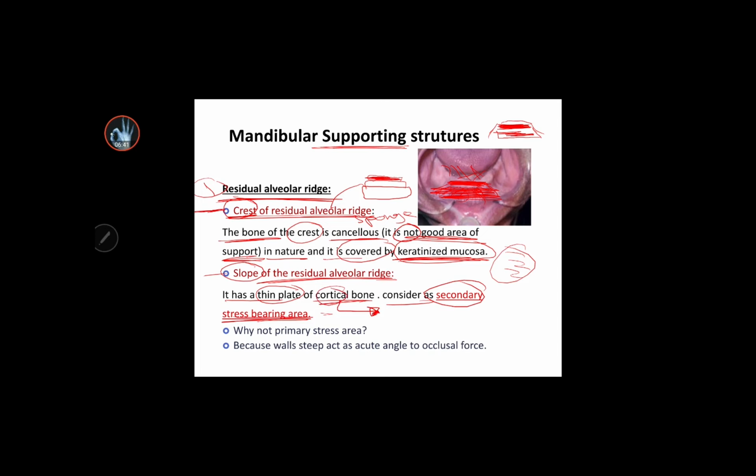Cancellous or spongy bone has porosity and has pores, or holes. فيها يجي زي الاسفنجة ويكون فيه فتحات أو فراغات. أما الكورتيكال بون فهو compact bone، يجي صلب وما فيه فتحات. فعشان كذا إحنا ما اعتبرناها إنه stress bearing area والكريست وما هو منطقة حلوة للسبورت. But the slopes we consider as a secondary stress bearing area. Okay, secondary stress bearing area for the mandibular alveolar process.